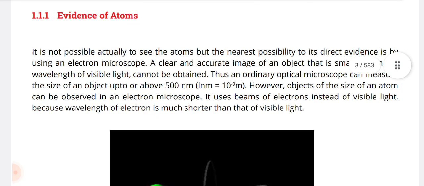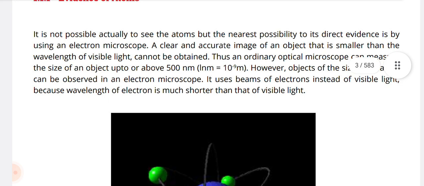Evidence of atoms. It is not possible actually to see the atom, but the nearest possibility to its direct evidence is by using an electron microscope. A clear and accurate image of an object that is smaller than the wavelength of visible light cannot be obtained.